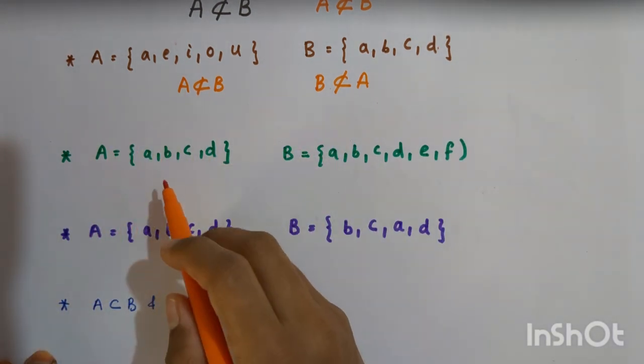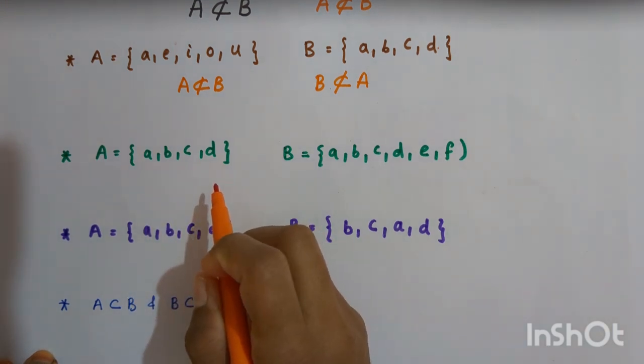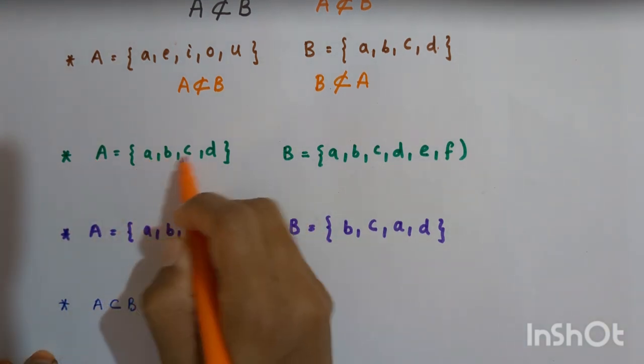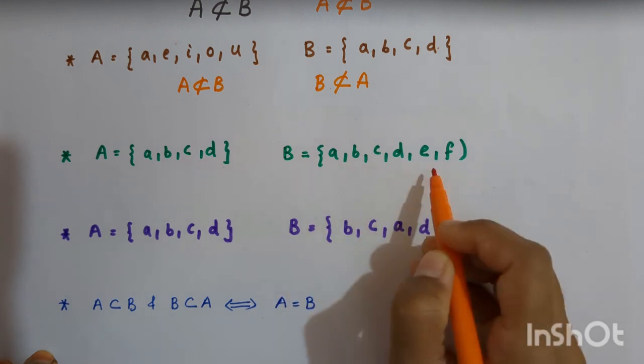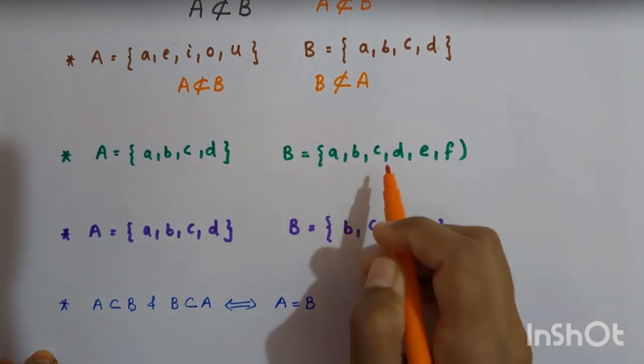Okay, so let us consider two sets here. Set A has these elements A, B, C, D in it. Set B has these elements, that is A, B, C, D, E, F in it.